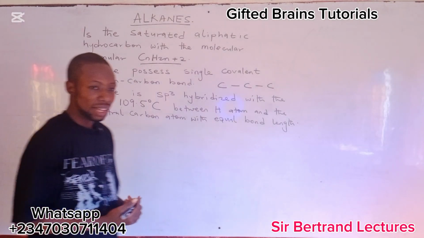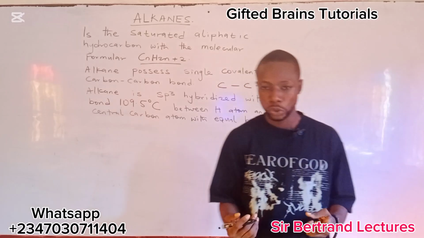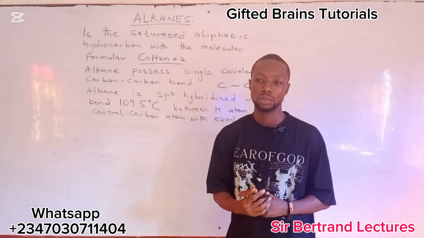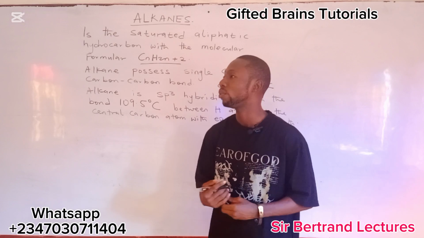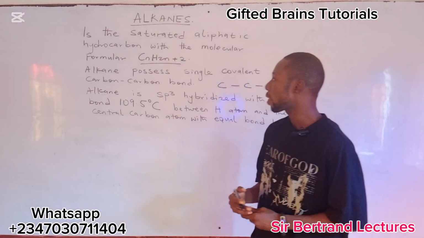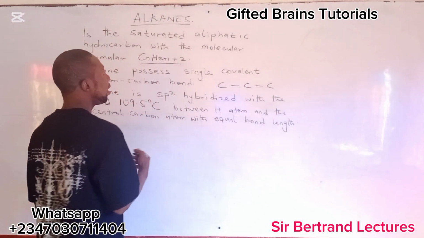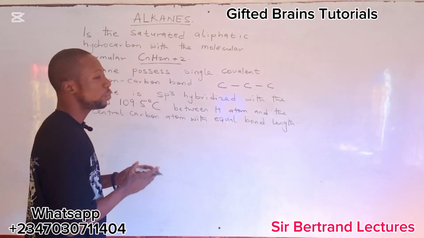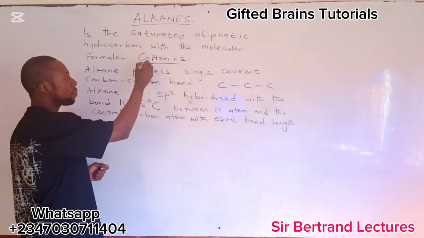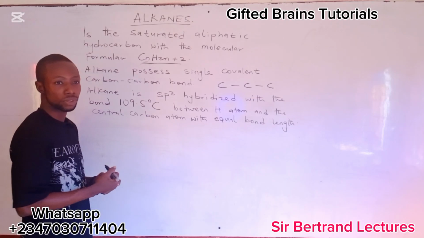So these are the terms we use to describe alkanes, which are one of the homologous series of the organic compounds. Now let's look at different examples of alkanes with their respective number of carbon atoms.